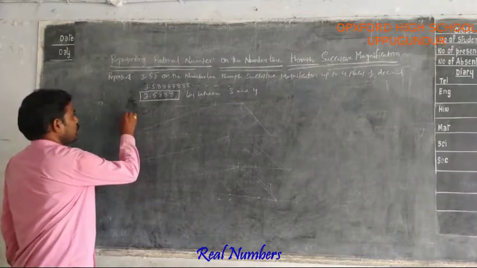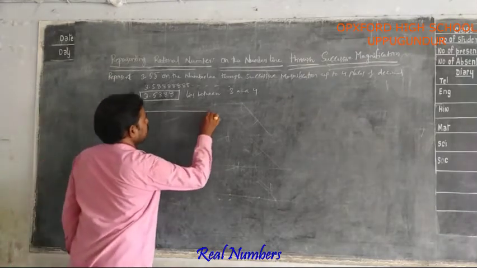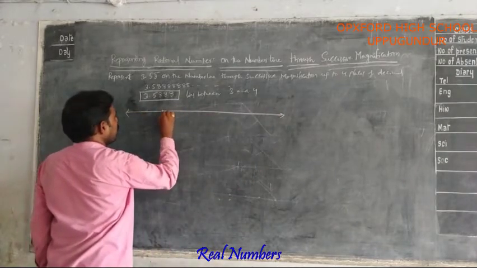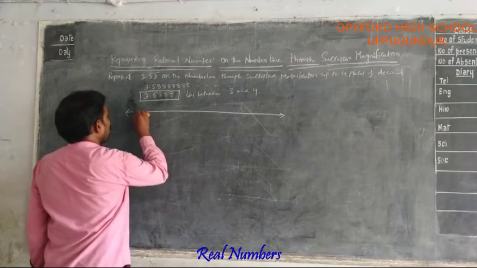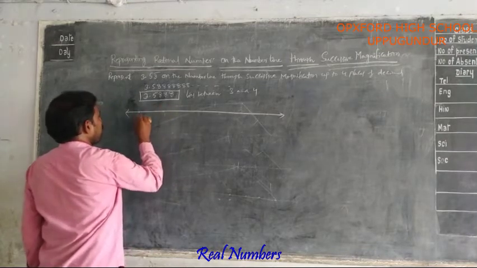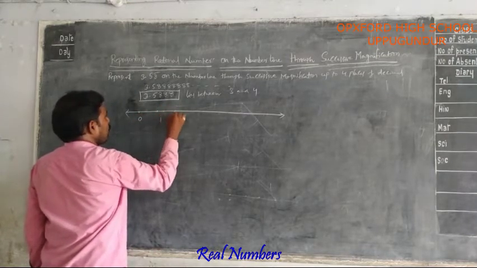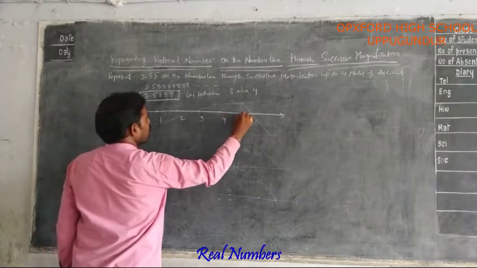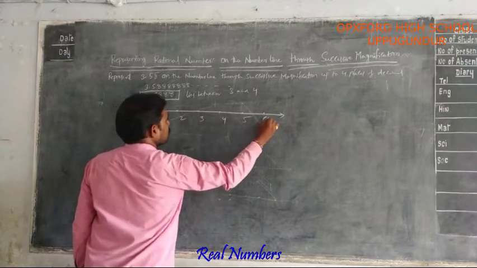So first you have to consider a number line. Here you can take 0, 1, 2, 3, 4, 5, 6.